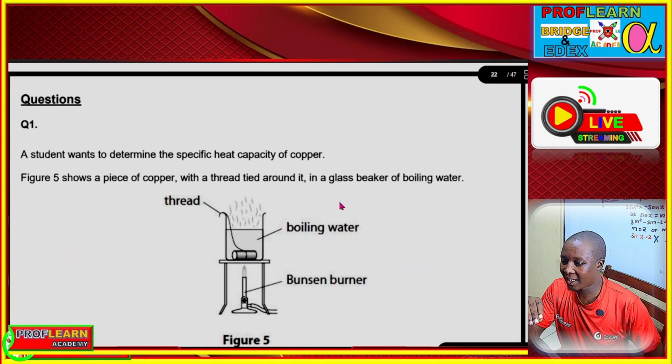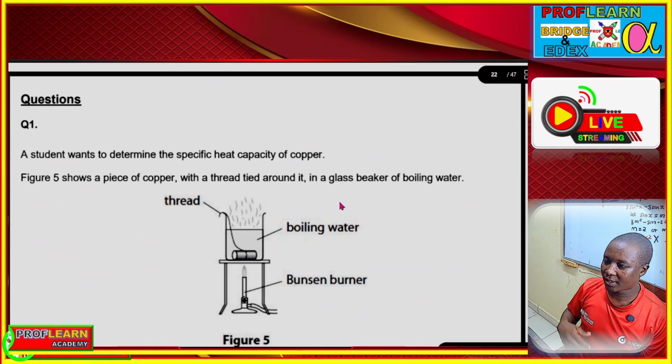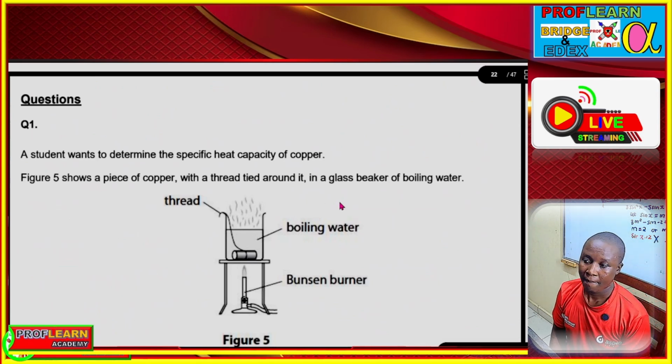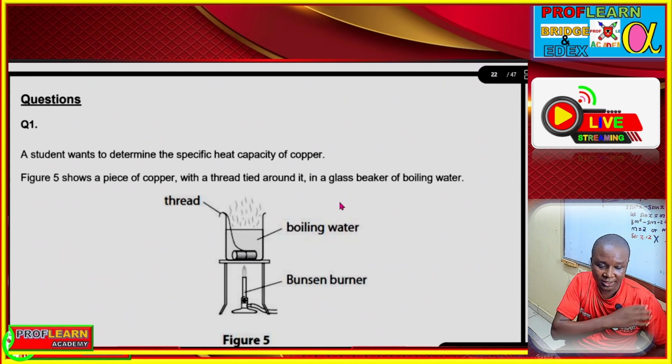We shall be looking at what you should focus on the night before the exam. One of the questions we are going to look at is to do with specific heat capacity, and we shall add every area that is technical, and focus on the main tips you should know as far as tomorrow's exam is concerned.